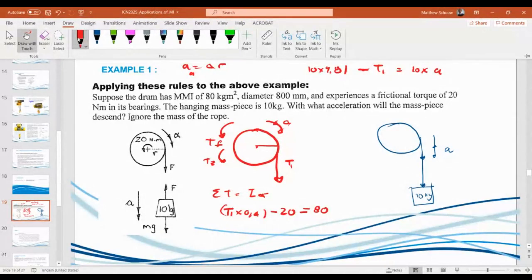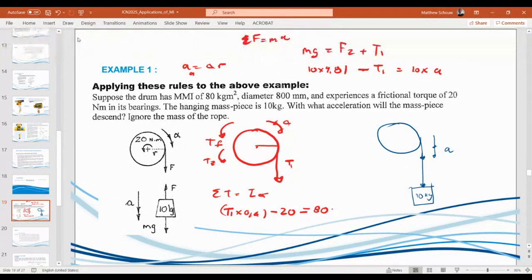So this becomes 80 times A over R, with R being 0.4.